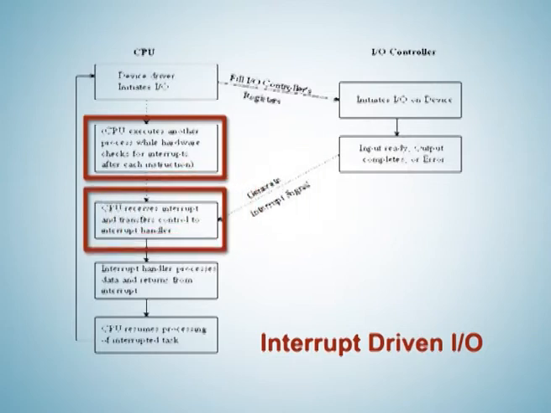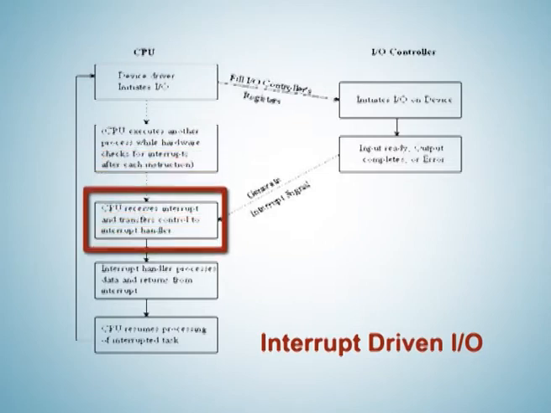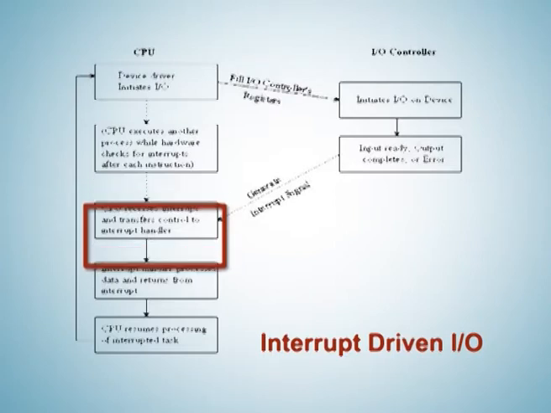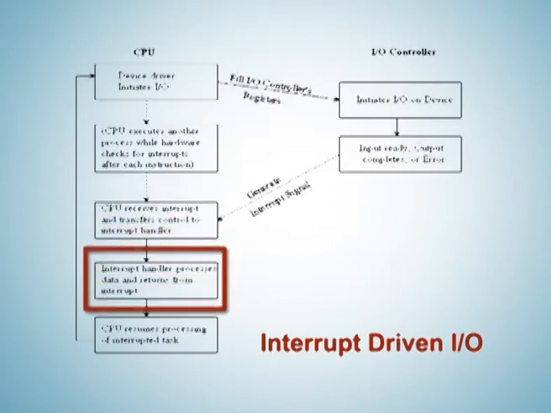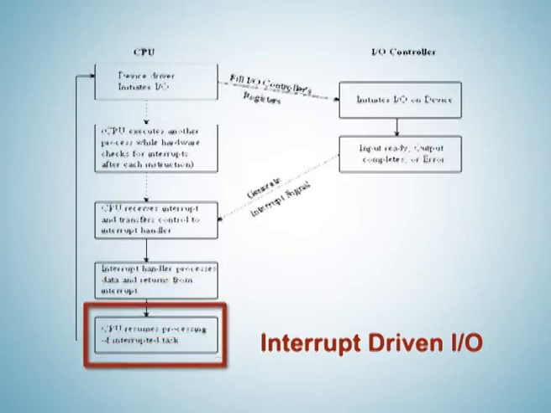The CPU finishes the current instruction and saves the current value of program counter, program status word and registers and stores them in the memory. The program control is then transferred to the interrupt service routine. The ISR reads data from the device and saves it in memory. It then restores the context of the program it was working on and resumes execution.